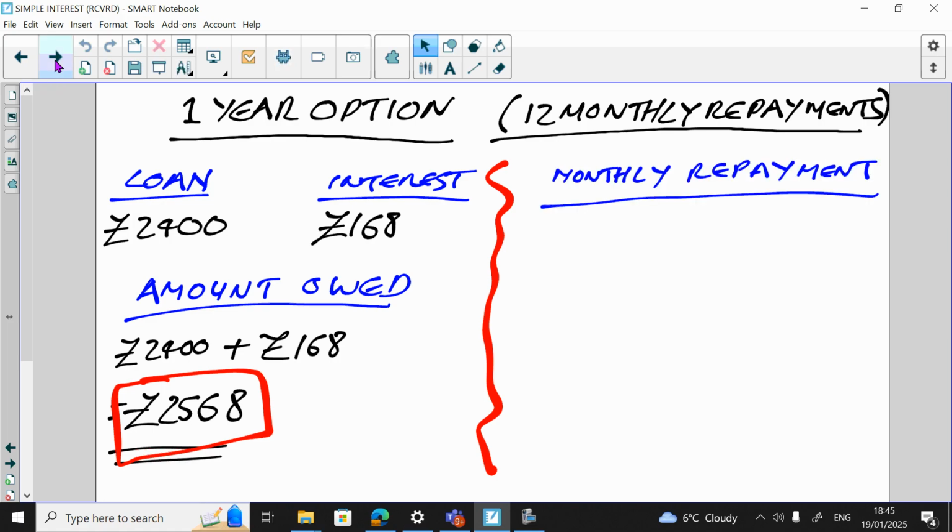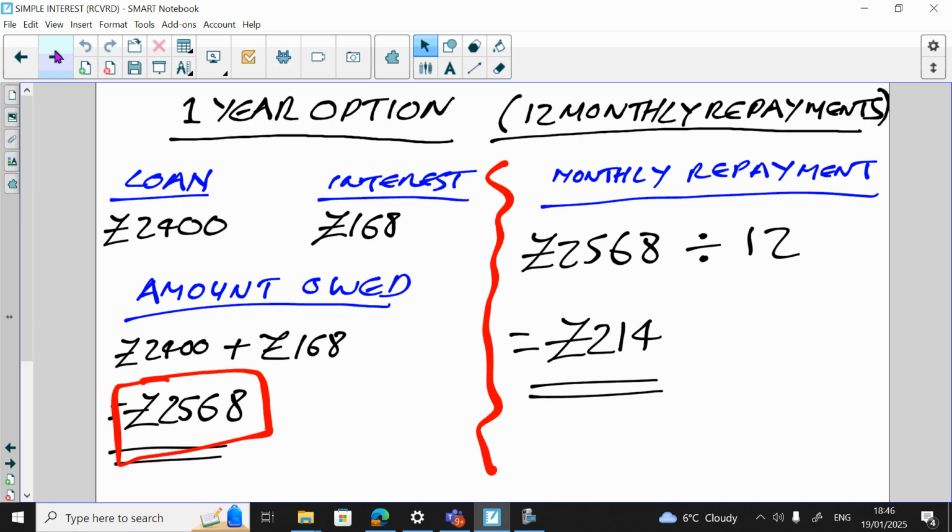So here we go for the 12-month repayment. So we're going to have to use this now because that's what's owed over the 12 months. So what we're going to do, hopefully take that amount, divide it by 12, and should get a nice answer. So that should be the monthly repayment for this loan option.